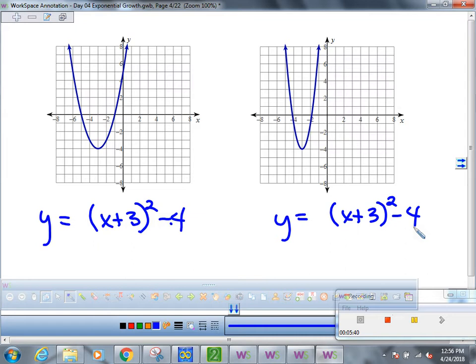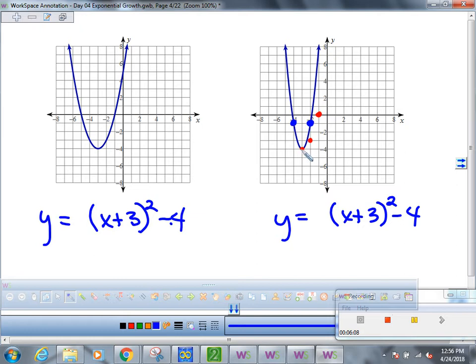But instead of our parent graph being 1, 1 and 2, 4, it's stretched by 3, guys. So instead of going over 1, up 1, it's going over 1, up 1, 2, 3. Let's make sure we're right.